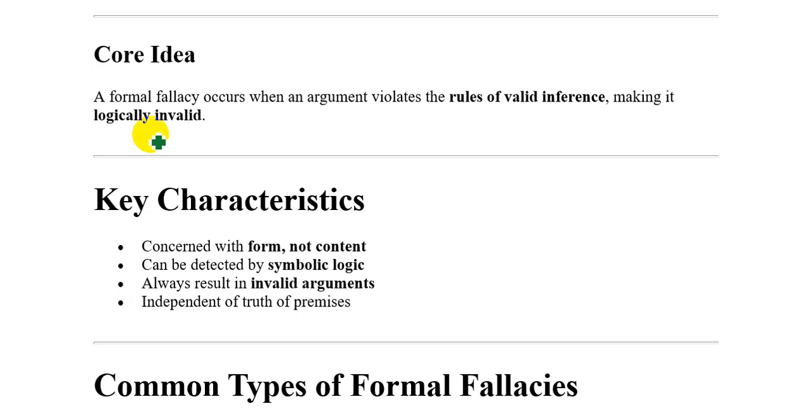This is important. Now, the fallacy is concerned with the form and not the content, and it can be detected by symbolic logic. It always results in invalid arguments, independent of the truth of the premises.